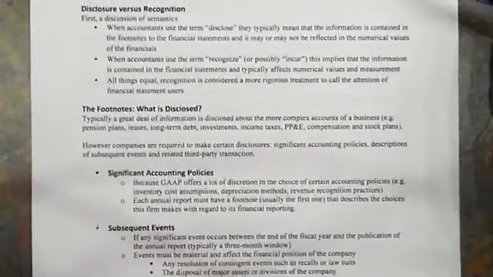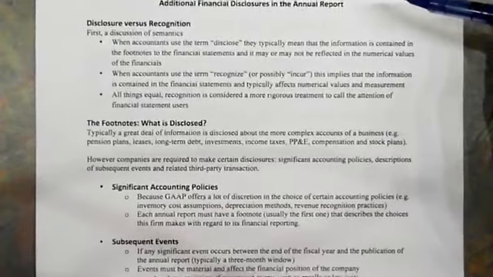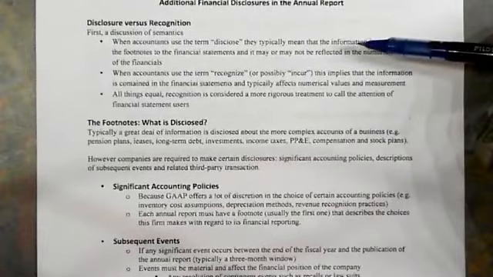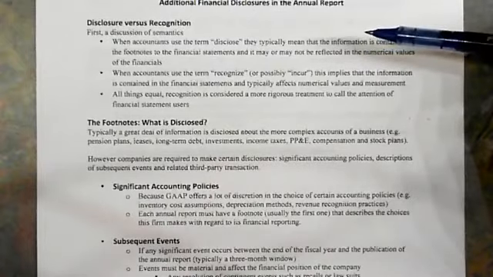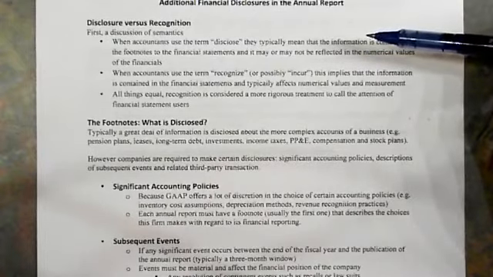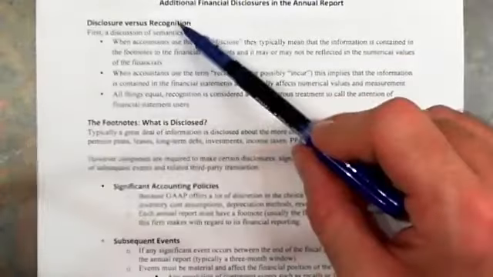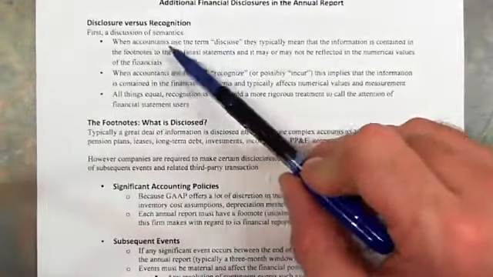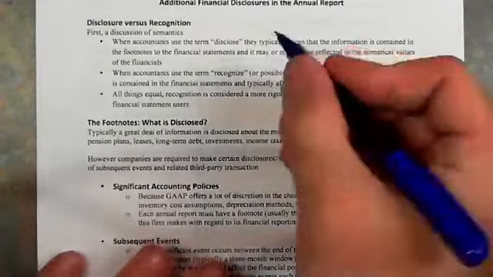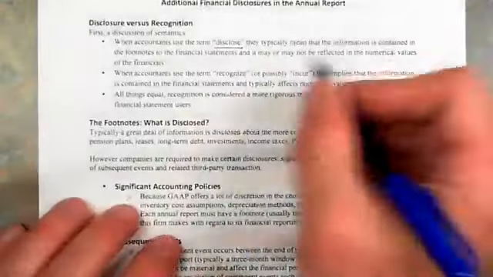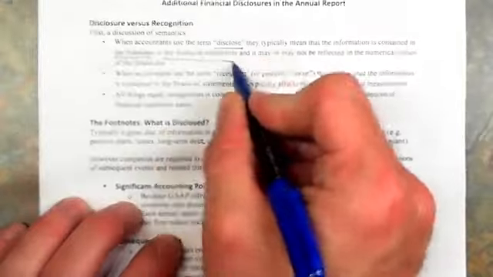So let's look at some additional financial disclosures in the annual report. And this brings up a topic about my vernacular whenever we're talking about financial treatment: disclosure versus recognition. When we use the term disclose, what we mean is that 90% of the time, it's in the footnotes to the financial statements.